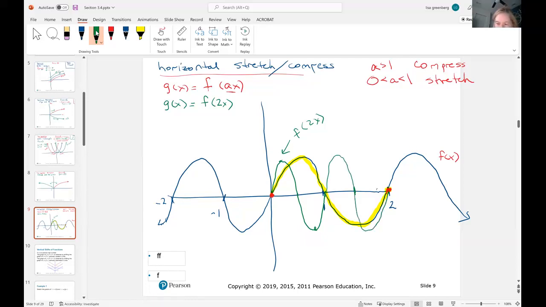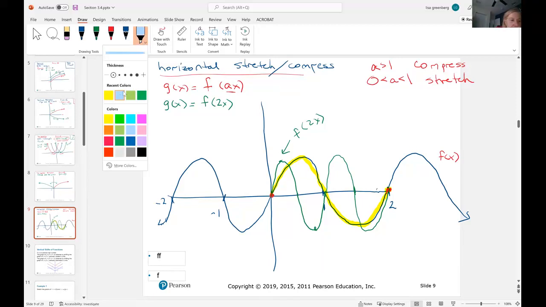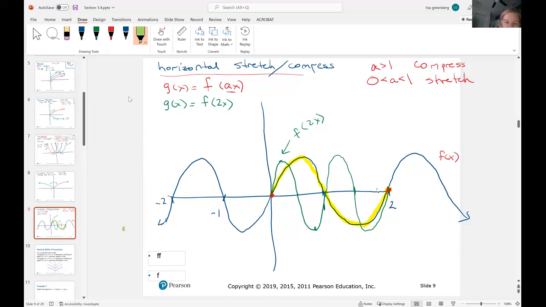Yeah, I got it. So within the same space that I originally had just one cycle, now I have 2 cycles, right? So here, 1, and then 2.